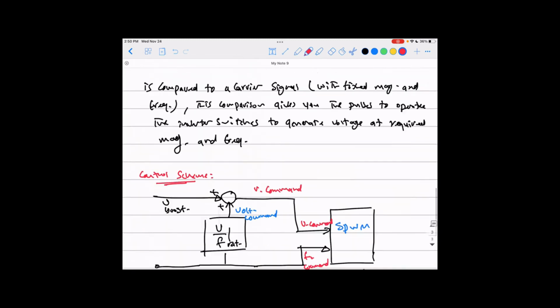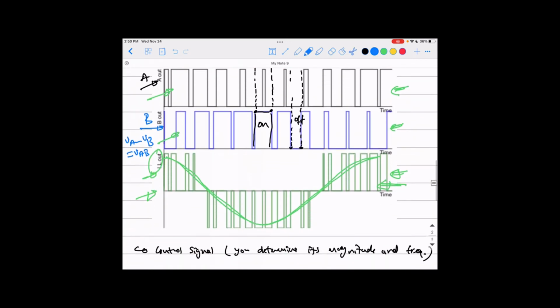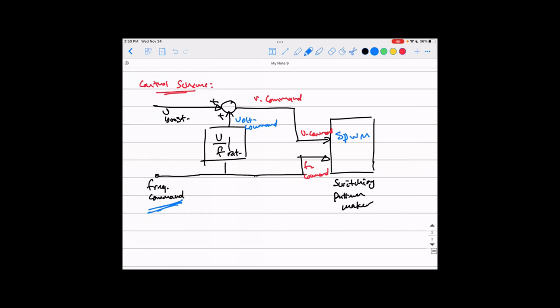Like we said, this voltage and frequency command controls the voltage and frequency of those carrier signals, the black and blue one, and there's a third one also for three phases. This will create the pulses that go to the inverter switches.